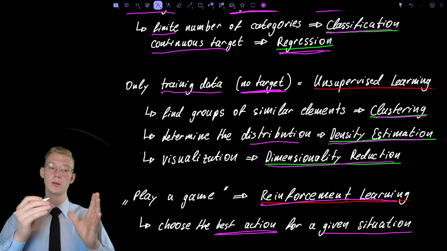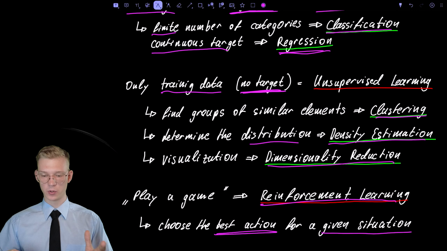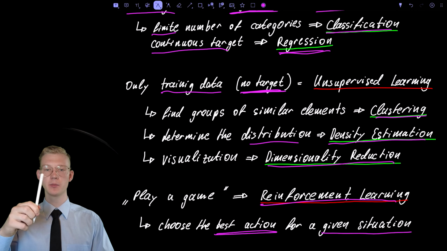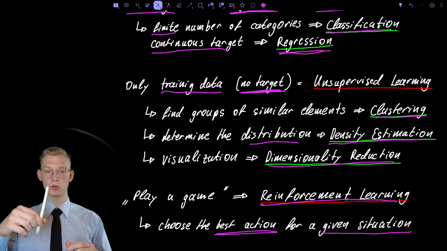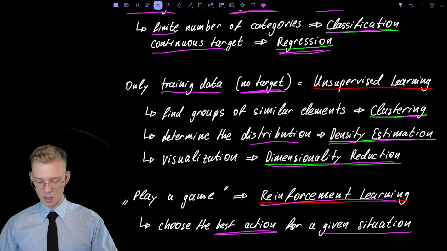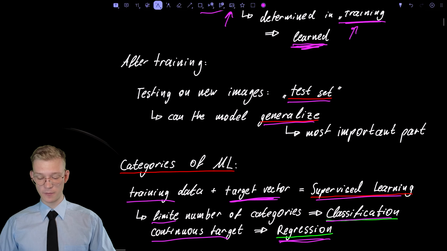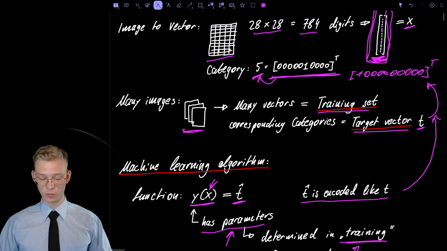So for a given state that the computer can see, so it sees the position of the pendulum and the velocities, it can tell if it has to move left or right to balance out this mass. So this is just a simple, very quick introduction into machine learning.